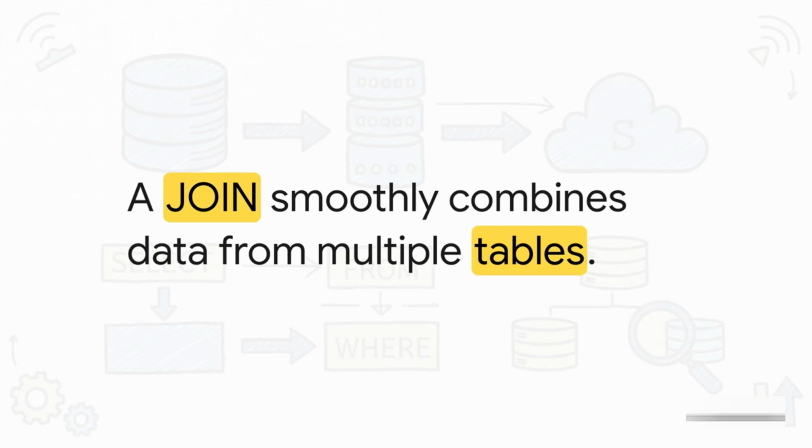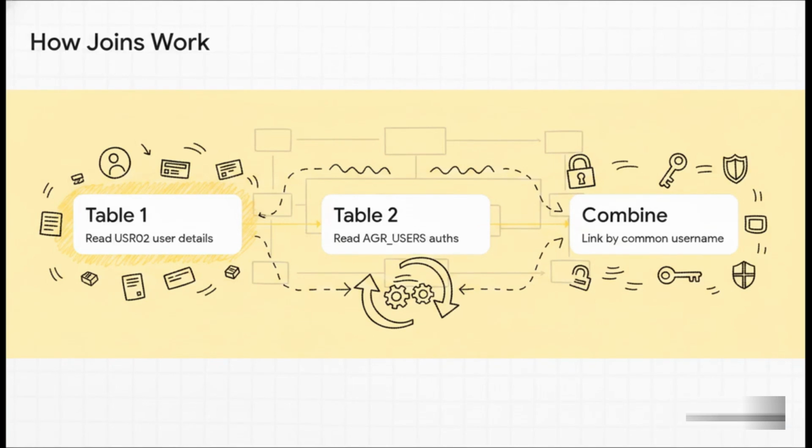You definitely do not need to master writing this from scratch immediately, but as the concept shows, what we're fundamentally doing here is smoothly combining data that lives in two completely different tables into one unified, easy-to-read result.